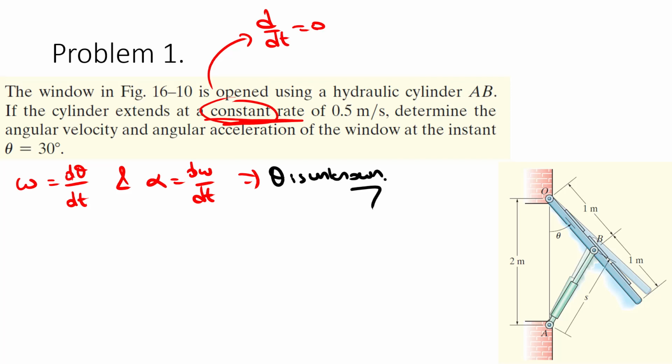We don't know the theta, but we know S. If you find S as a function of theta, then we can find the omega as well as the alpha. If you look at it here, this S and this one and that one make a triangle. And for this triangle, we can use the law of cosines.